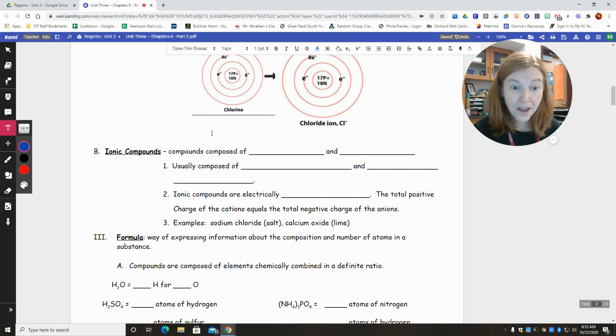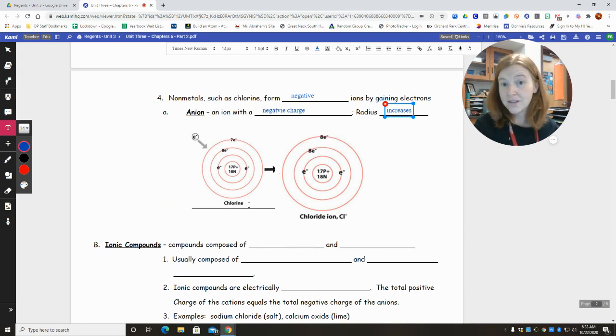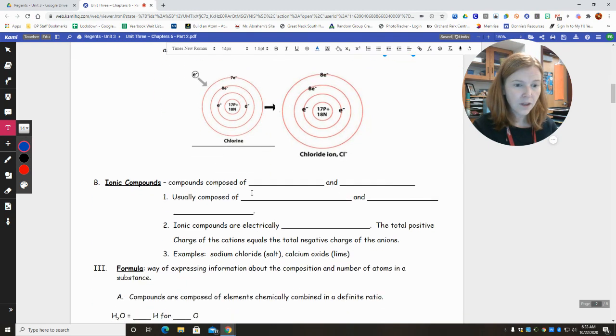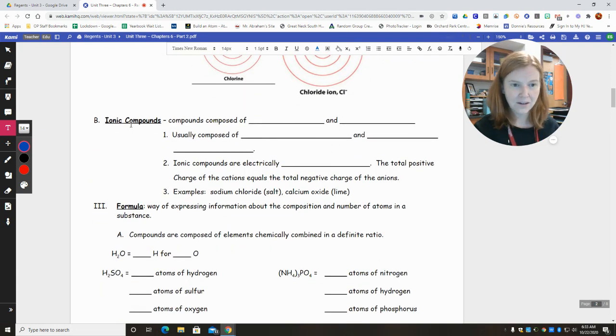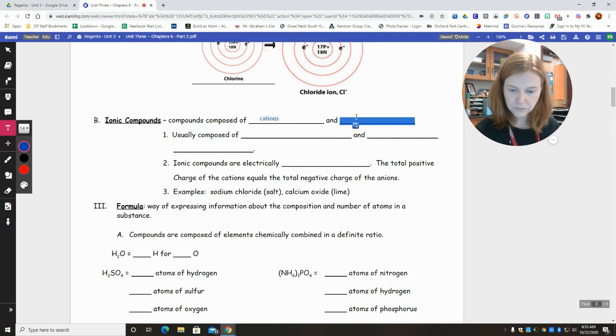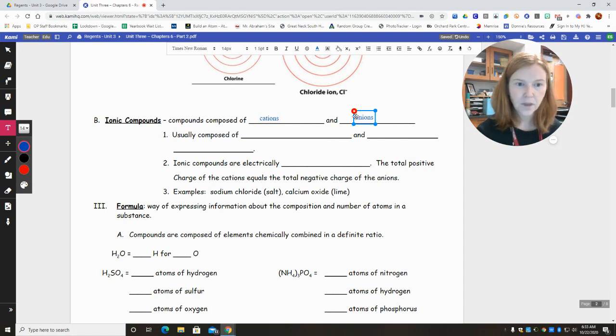Ionic compounds. When you have positive cations and negative anions, opposites attract, right? So if you have positive cations and negative anions in the same container, they're going to attract each other. These are known as ionic compounds, compounds that are composed of cations and anions.